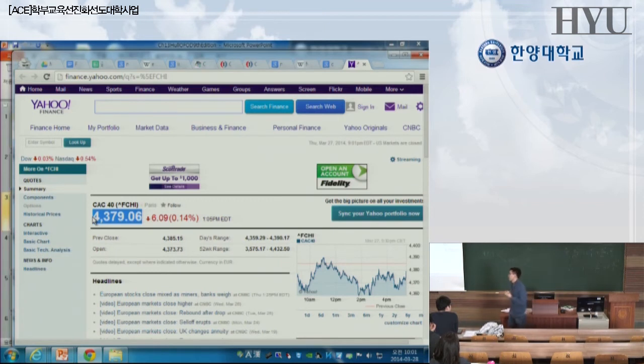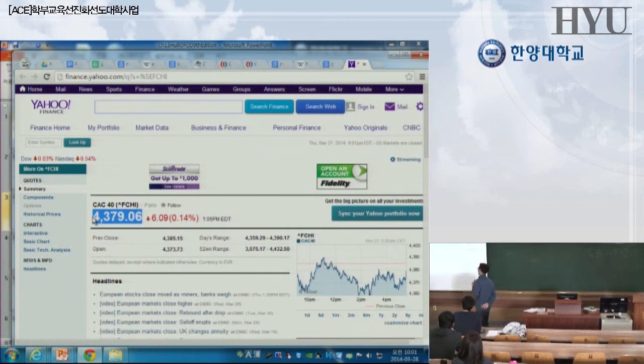Okay. So in order to calculate how much Minji has to pay to Rory, our idea is that we replicate this contract with other assets. Because we don't know directly what would be the price of this contract paying $100 when aliens visit.